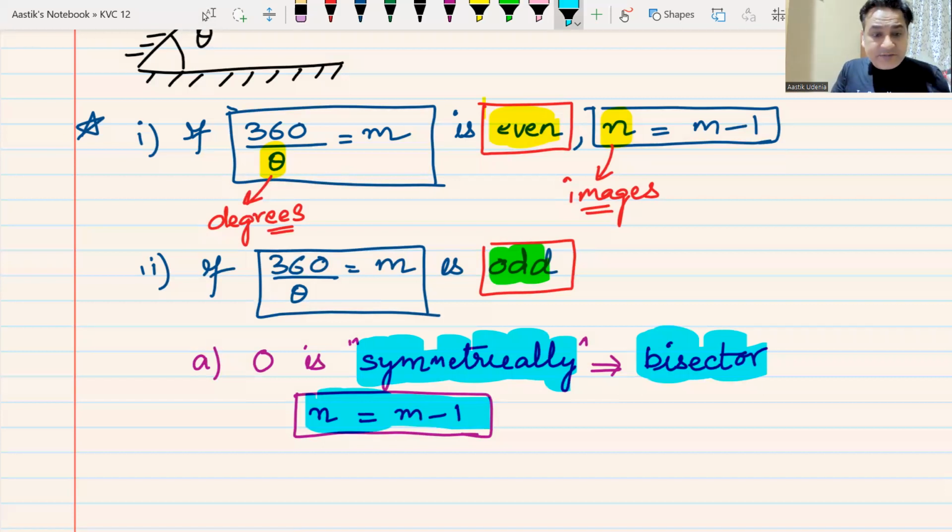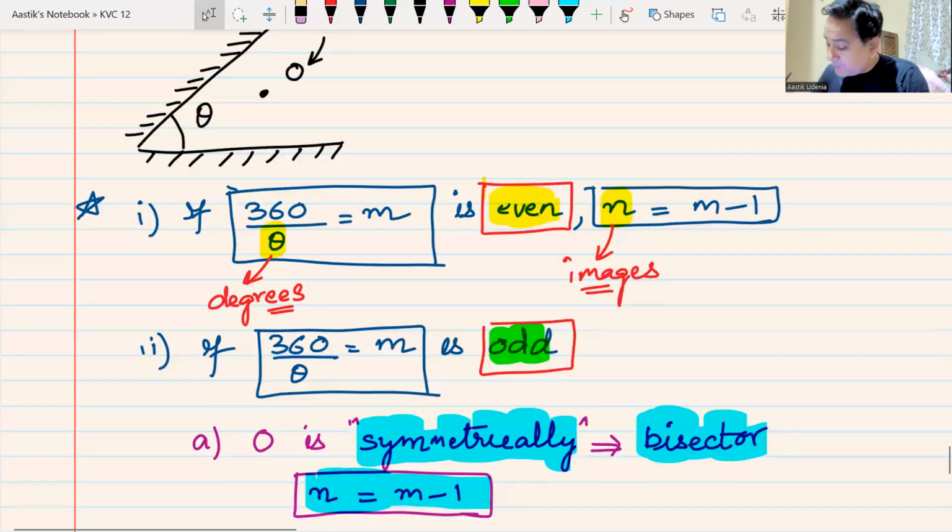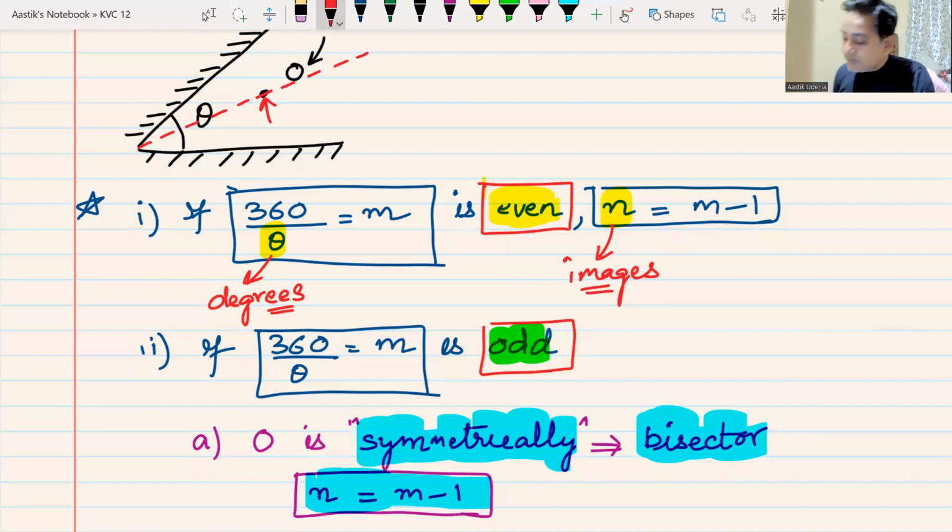I hope you understand the meaning of angle bisector. If I show you on the diagram that I have made, if this is the angle bisector and the object is placed here on it symmetrically, then the number of images will remain m minus 1. Do we understand this? You will have to remember this.